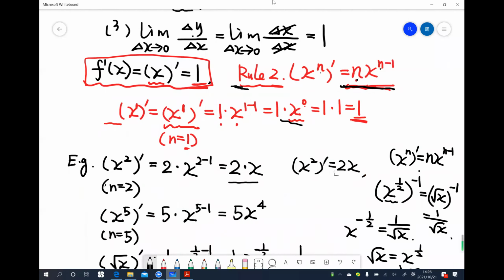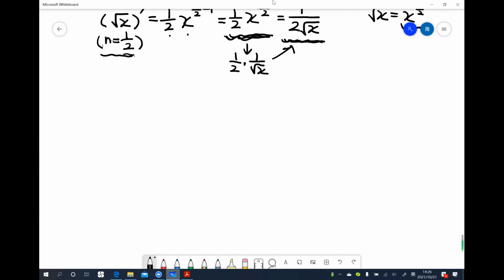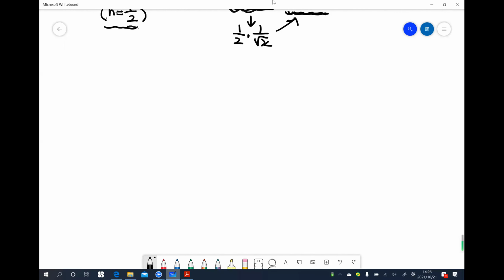So I will give you some common formulas, and you have to recite and remember them, and we can use them directly in the calculation. So here I will give you some very important formulas, and you have to write them down and remember them.